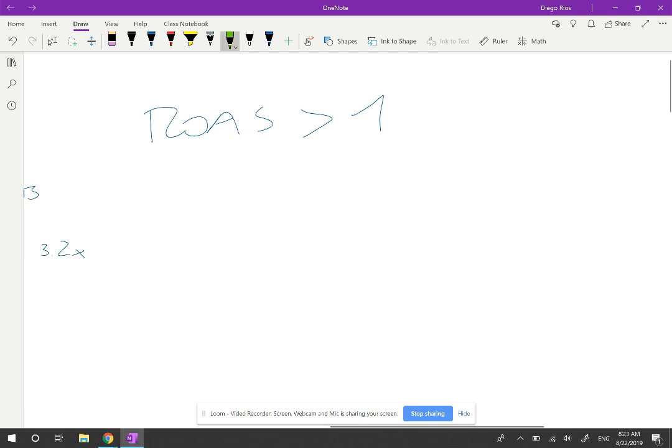What I'm basically saying is that for every dollar that I spend here, I'm making more money here. If my return on ad spend is lower than 1, so it's below 1, what I'm saying is that for every dollar that I'm spending here, I'm making less here. So I'm making less than $1.